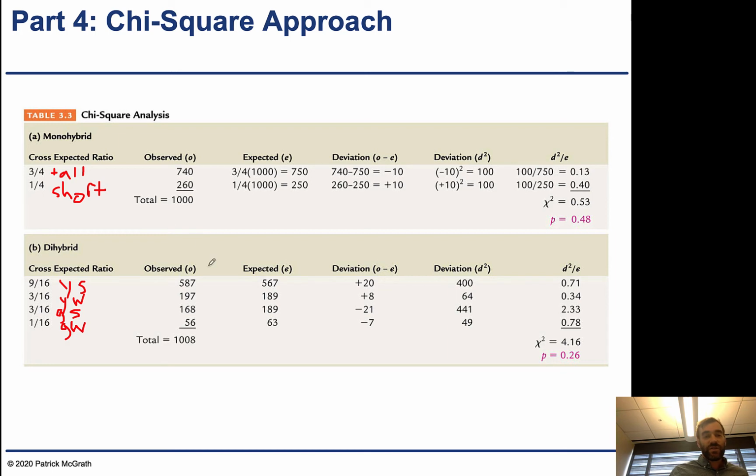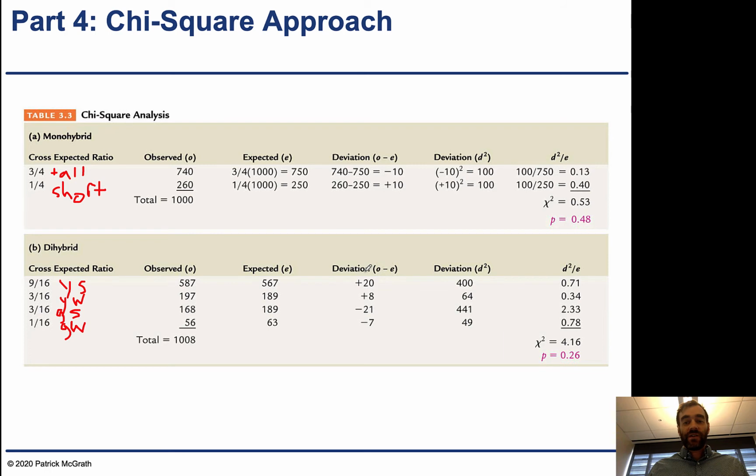Now we did this, and we have data. 587 were actually yellow smooth, and so on for the other categories. In the first case we have 2 categories, and in this case we have 4 categories, because we're looking at a monohybrid versus a dihybrid cross.